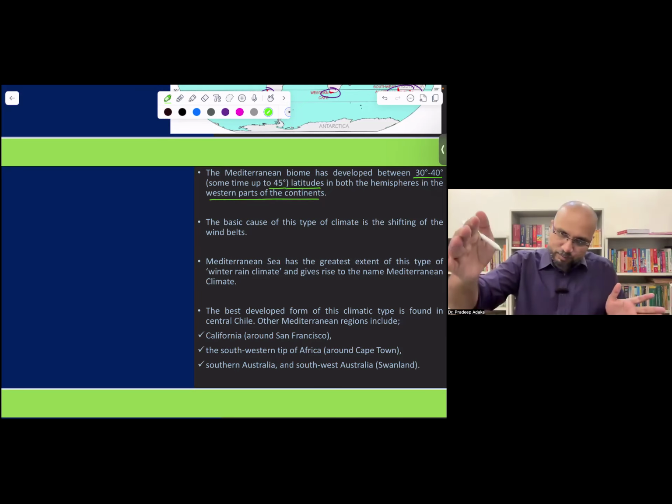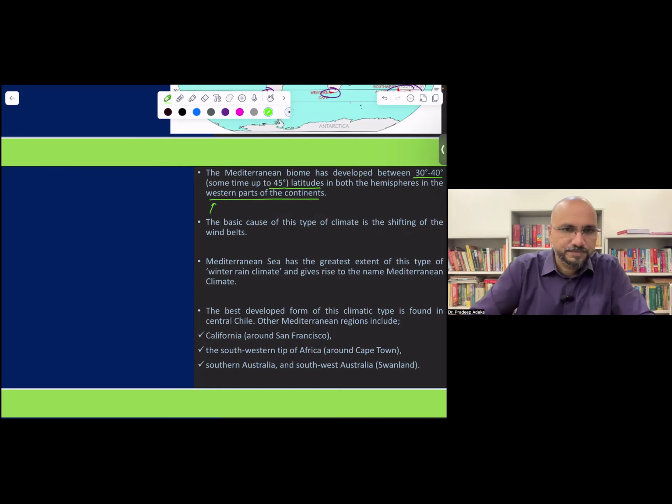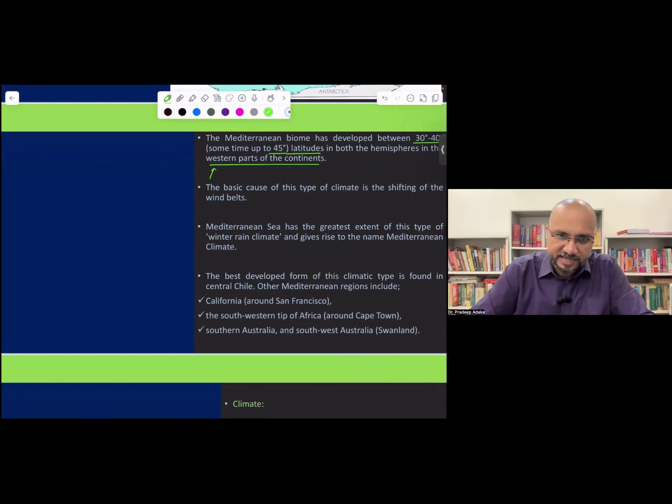As they move east to west across the continents, they become dry. So when they come to the western part, there is no moisture left, and you can see deserts. The basic cause of this type of climate is the shifting wind belts.